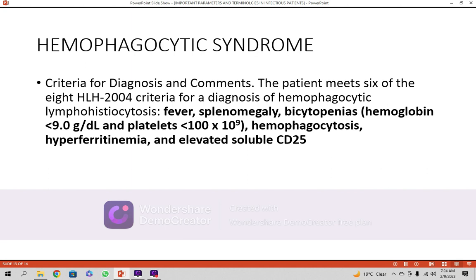If a person has fever, splenomegaly, bicytopenia or lower platelets, and you have seen one or two hemophagocytosis in the blood smear or marrow smear, and it is supported by high ferritin levels, it means that hemophagocytic syndrome has occurred.